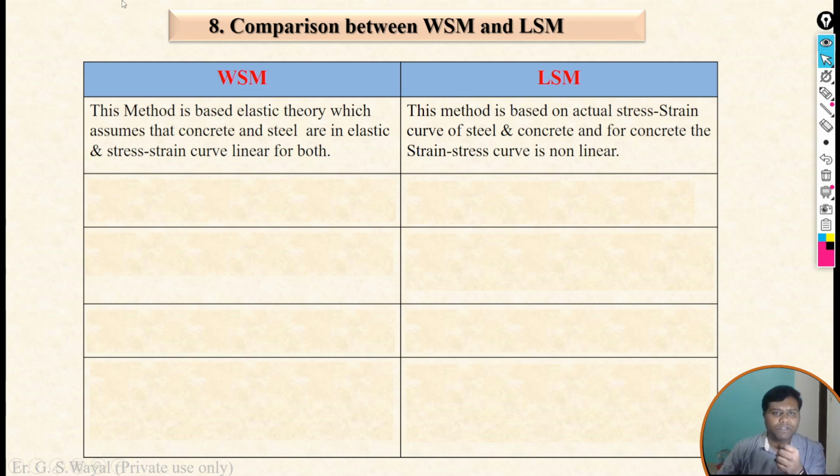The working stress method is based on elastic theory, which assumes that the concrete and steel are elastic and the stress-strain curve is linear for both.